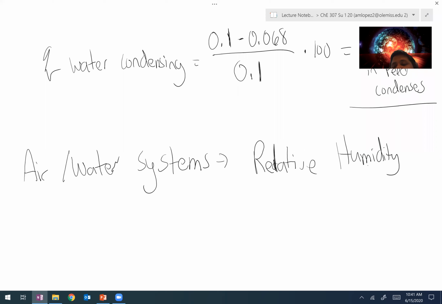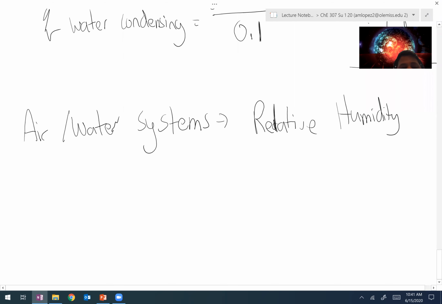What we're looking at when we talk about relative humidity is essentially a comparison between the partial pressure over the saturation pressure at the temperature in which the system exists.